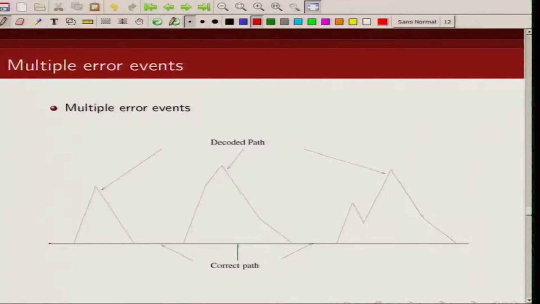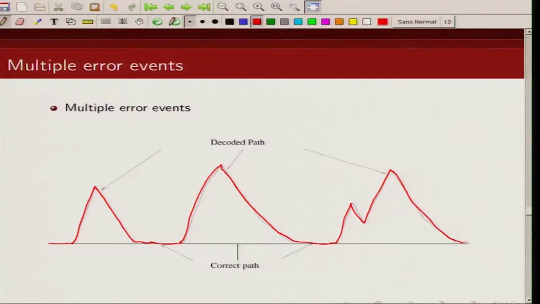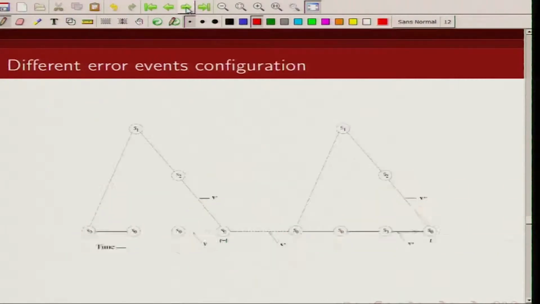So, let us say there might be a situation when you have diverged from all 0 state and then merged back into all 0 state, and then after some time you again diverge from all 0 state, stay away from all 0 state, and then you merge back, and again then you stay away from all 0 state, diverge, and then again merge back. So, you can have multiple error events happening. Now, let us look at what are the various types of error configuration you can have.